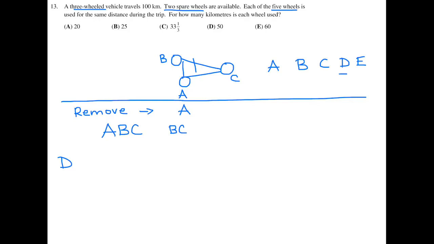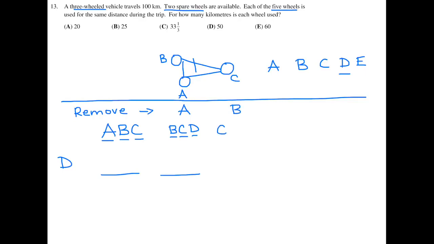And we want to add a spare because you can't have 2 wheels, you have to have 3, so we'll add the D, like that. So now this vehicle has wheels with the letters B, C, and D. All right, initially there was A, B, and C. We removed A. Then we go a certain distance with that, and then after a certain time we'll remove the next wheel, which is B.